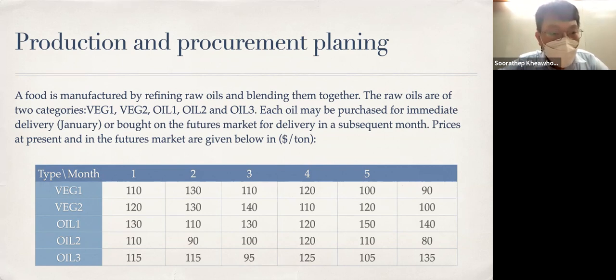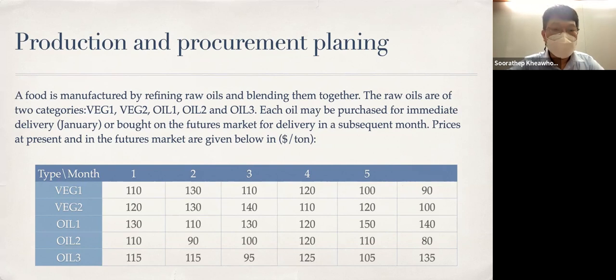Okay. We have a food company manufacturing by refining raw oils and blending them together. The raw oils are of two categories: vegetable oil 1, vegetable oil 2, and oil 1, oil 2, and oil 3. And each oil may be purchased for immediate delivery.